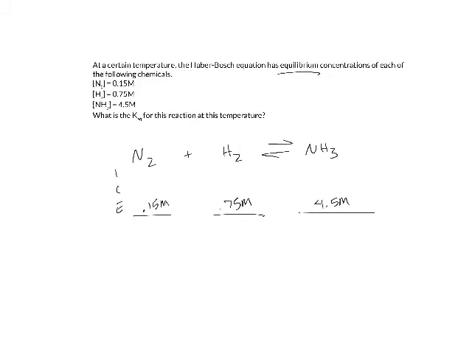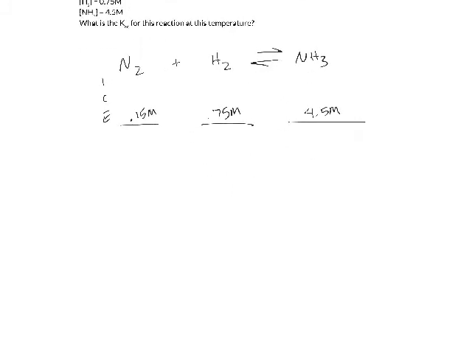So, using the notes we just took from the slide before this, to calculate the Keq, you would need this expression. You have to take the products to the power of their coefficients divided by the reactants to the power of their coefficients. So what I mean by that is you have to balance the chemical reaction.